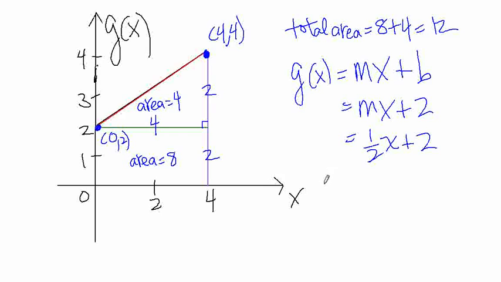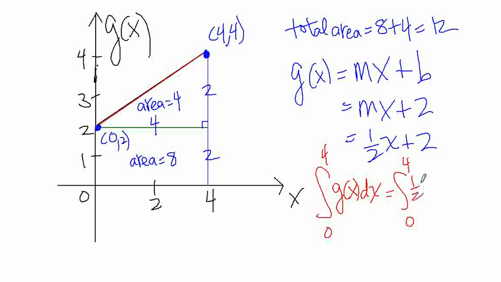Now let's calculate the integral of g of x from 0 to 4. So that's the integral from 0 to 4 of 1/2 x plus 2. All right, and what we're going to try to do is use that antiderivative trick.